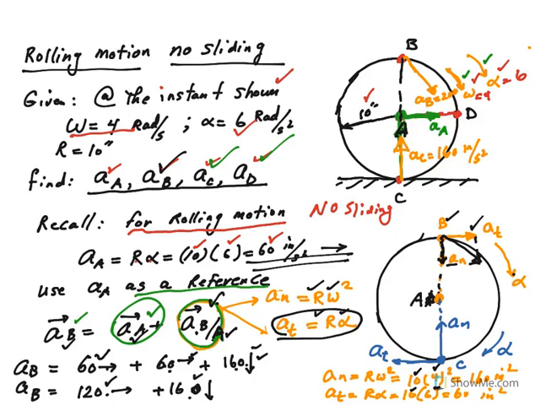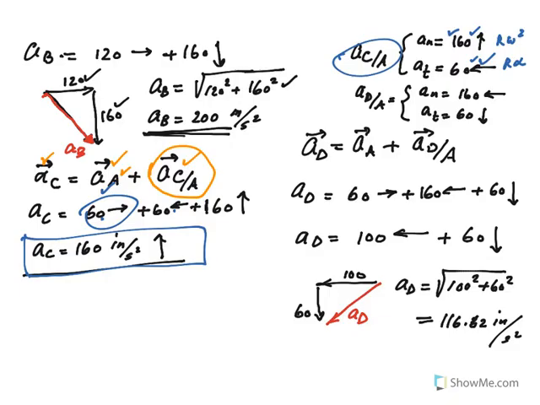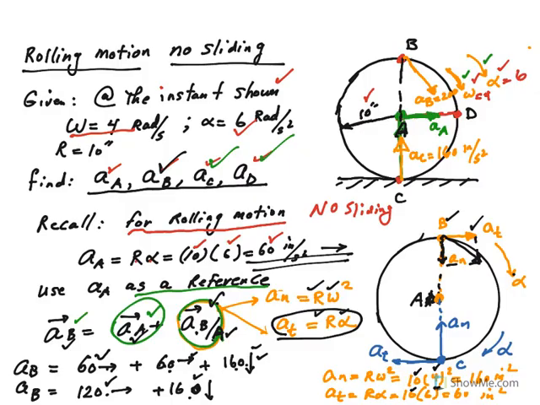So that leaves us with acceleration of point D. Nothing different, just use the same equation, translate with A and rotate about A. Acceleration of D relative to A means find acceleration of D as if A is fixed. We have the picture already here.